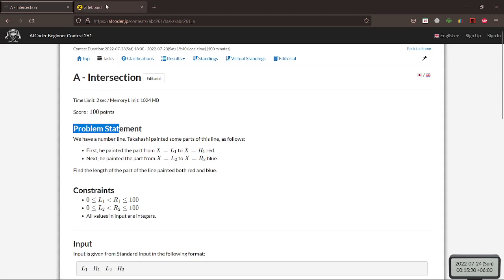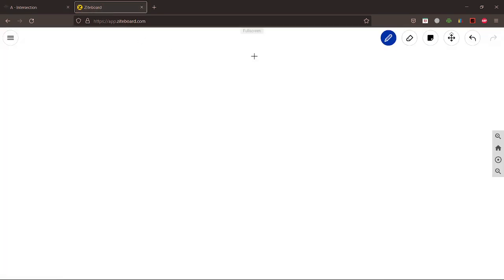So in this problem I'll be given a number line. In this number line I'll have two ranges.